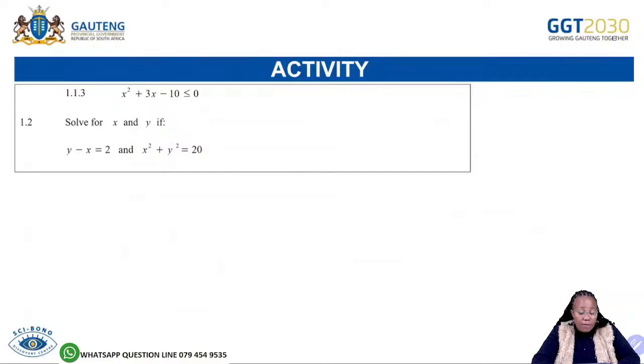And then now grade 12, now an activity again on inequalities. I am giving you 3 minutes. You are solving an inequality and the simultaneous equation. After that, we will reflect back.